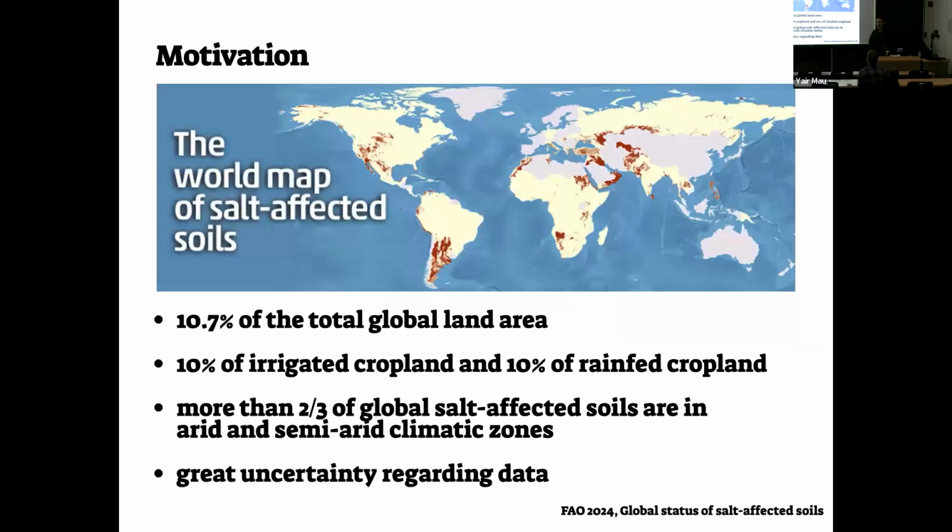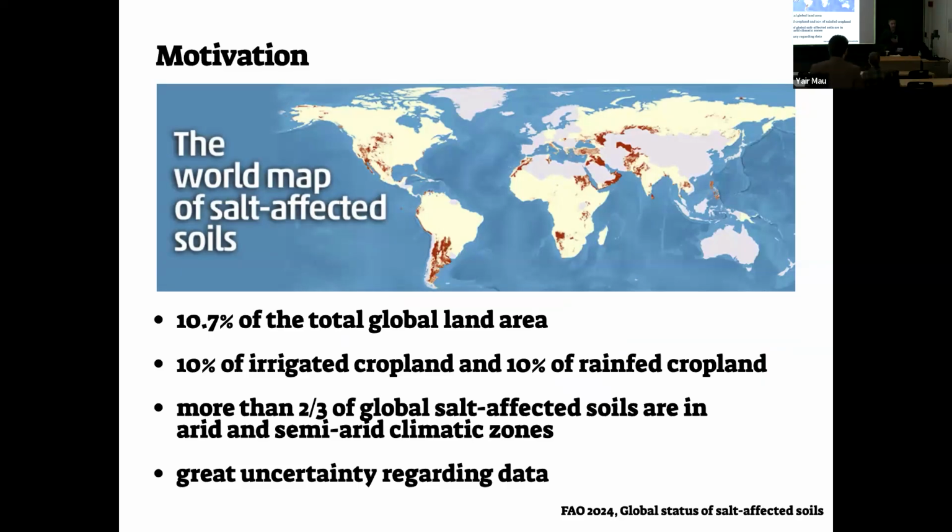So just some motivation about the question I am dealing with today. Here we see a world map of salt-affected soils, and in colors we see regions that are most affected by soil salinization.